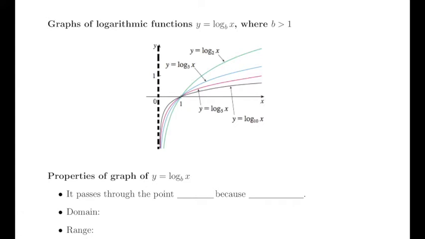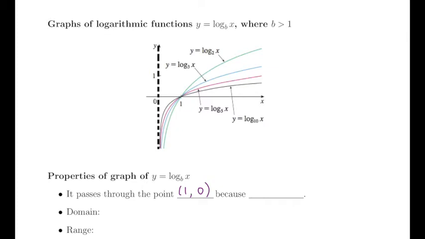Alright, so some properties of logarithmic functions. All the graphs of log base b of x where b is bigger than 1 look like this. They're all increasing functions. And note that they all go through the point (1, 0). That's because your exponential function always went through (0, 1).